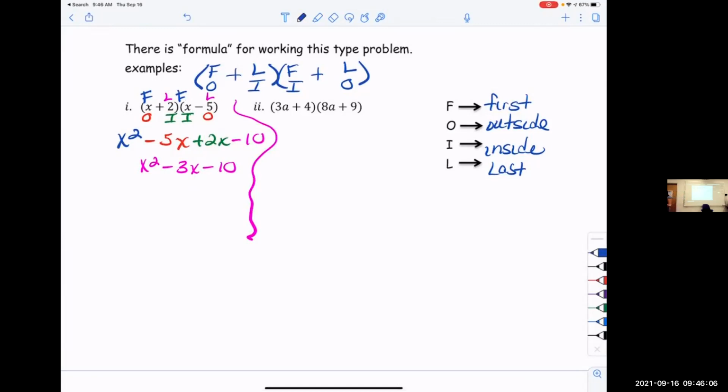All right, so let's knock number 2 out if you haven't already. What are the first terms? What do you get when you multiply the first terms? Beautiful. So let's switch to outside, which are these two. 27a, inside, 32a, and last, 36. It's really not bad. It's just I showed you distributive property first.